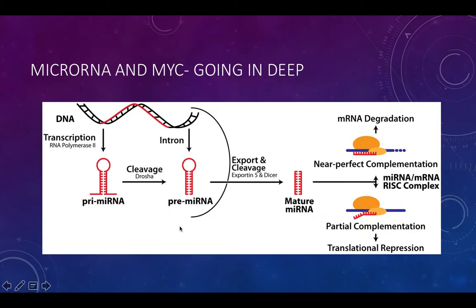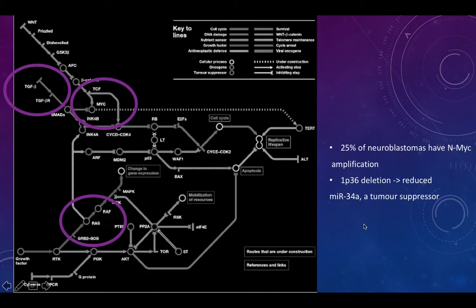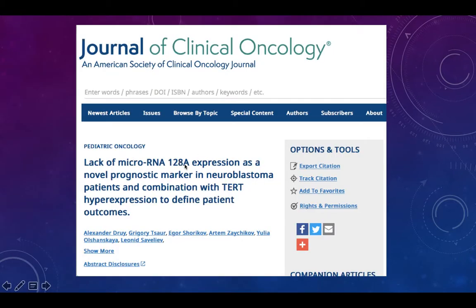So in summary, in this video, I have given an introduction to microRNAs, where they come from, how they form, and what their role is. I have given two examples of microRNA activity in relevance to cancer. I used neuroblastoma as an example, hinging around N-MYC. I focused on microRNA 34A as a tumor suppressor and microRNA 128A as a tumor suppressor.